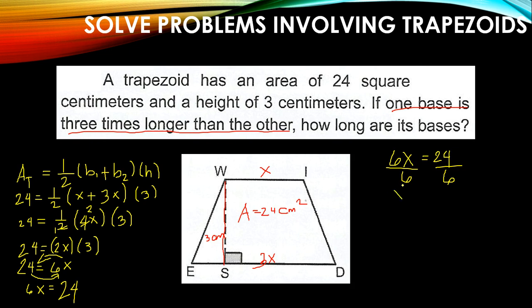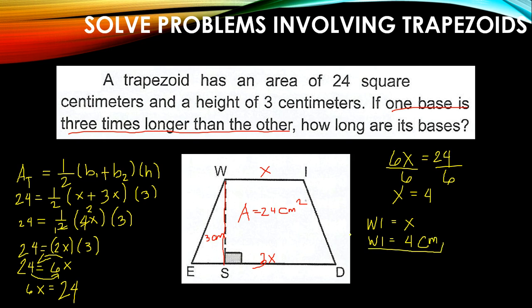Okay? So therefore the value of x is 4. Then we're going to substitute the value of x in WI and ED, which are the bases of the trapezoid. So WI is x, right? Therefore, WI is equal to 4 centimeters. So that's 1.